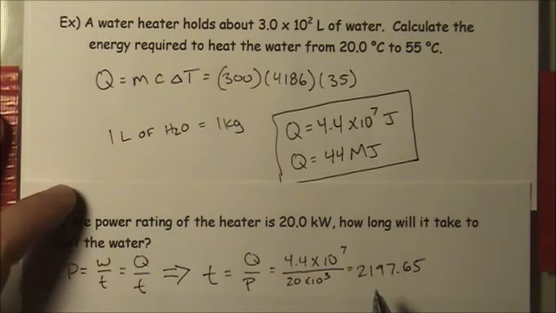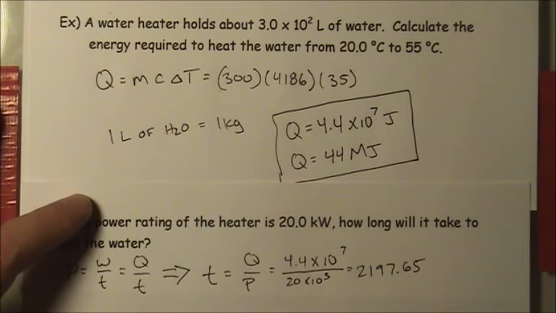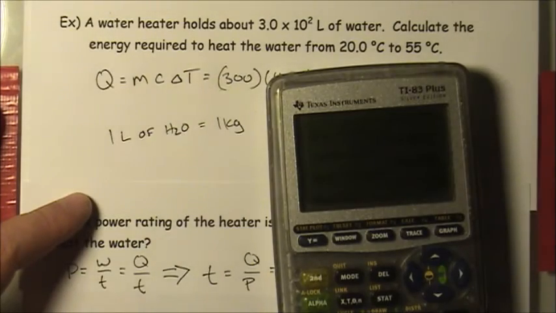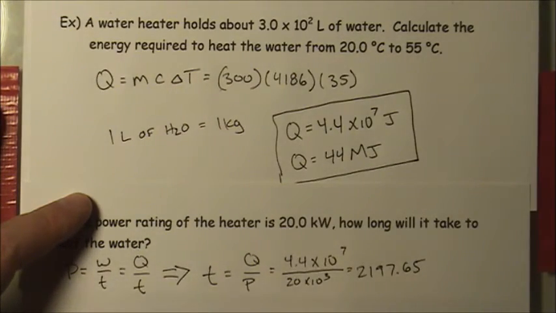Taking that down to the correct number of significant figures, I only had 2 significant figures with the previous number, so T is going to be about 2,200 seconds, or I could divide by 60, and that number is 37 minutes.